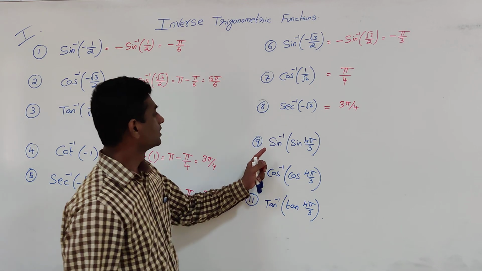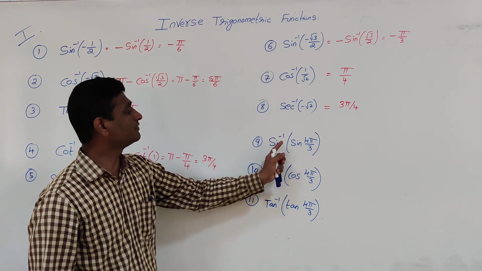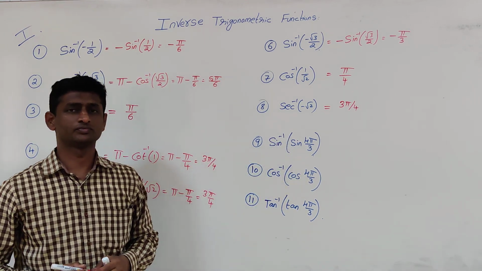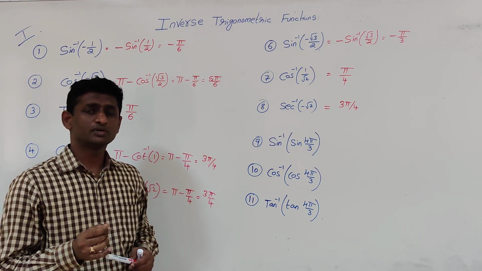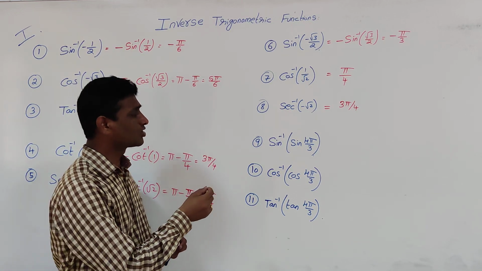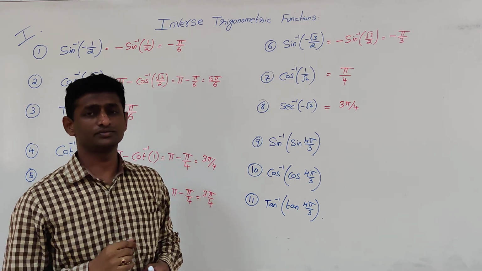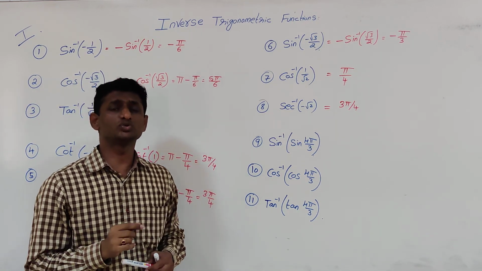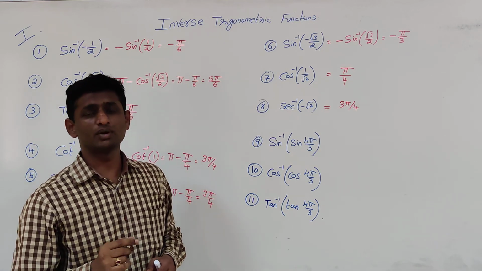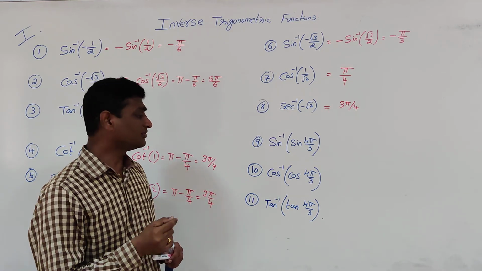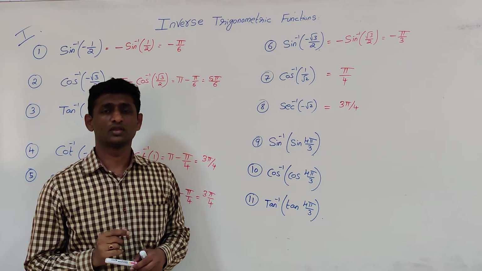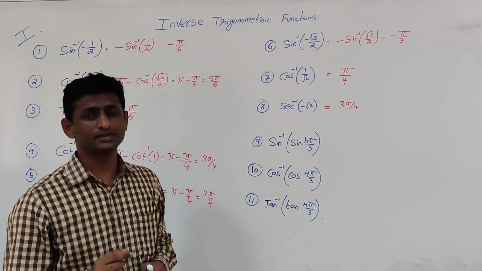Next, sin inverse of sin 4 pi by 3. We have discussed the composition function. Sin inverse of sin theta is theta if theta belongs to closed interval minus pi by 2 comma pi by 2. Cos inverse of cos theta is theta if theta belongs to 0 to pi.